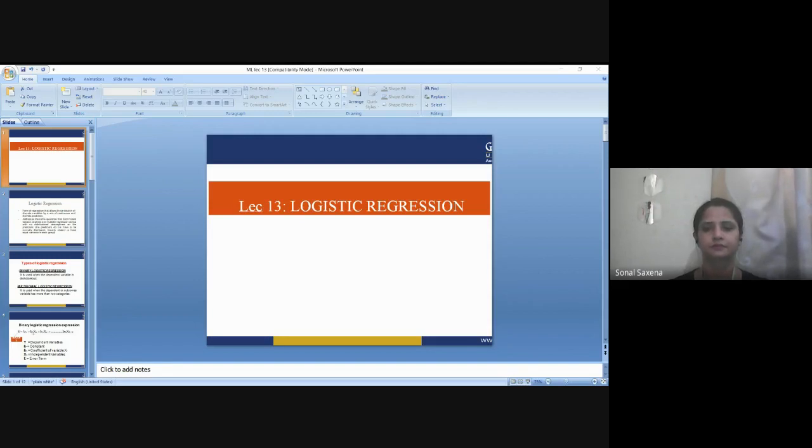So now we come to logistic regression, where we are going to understand how logistic regression works. Logistic regression predicts the probability of your sample belonging to one classification versus another. Although it can be used for multi-variable classification, it is a great tool for binary classification problems because it operates on probability.